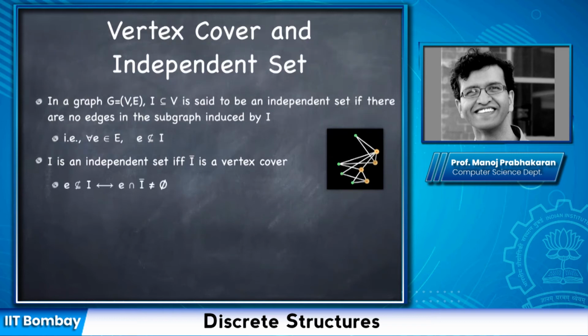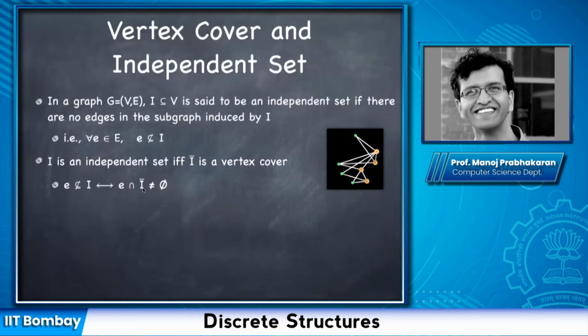Okay, so all I'm saying essentially is a consequence of this fact: an edge not being contained in a set I means, remember, an edge is just a subset of vertices. If it's not contained in the set I, that's the same as saying it spills over into I's complement.